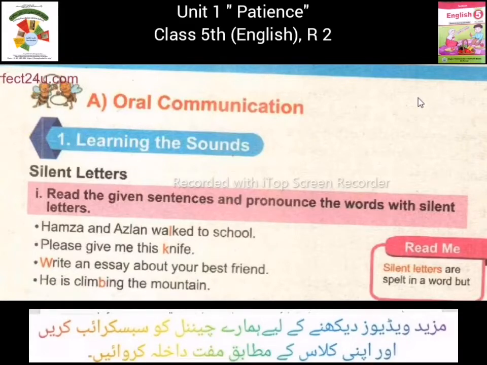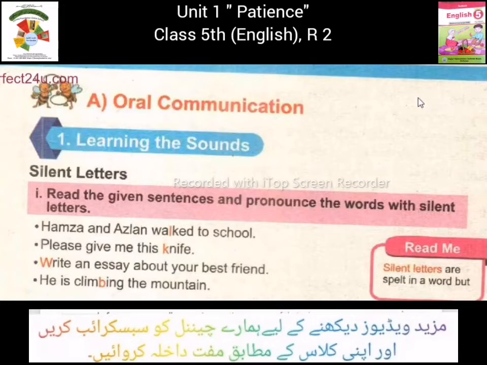That is, the L sound is a silent letter, because when we pronounce the word walked, the L sound is not pronounced. We pronounce it as wawked. So you will hear that there is no sound of L in this word.